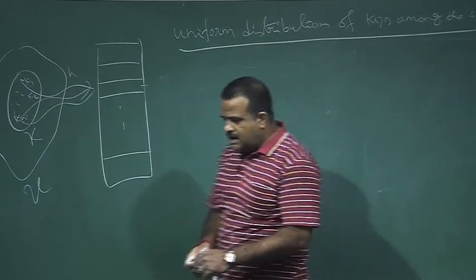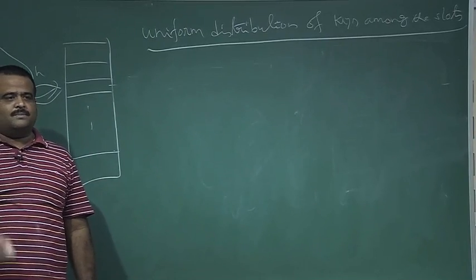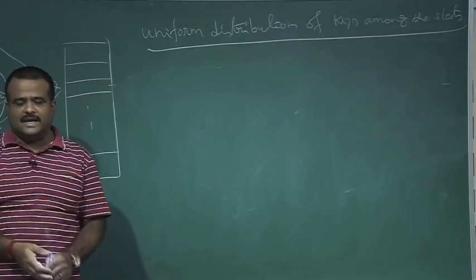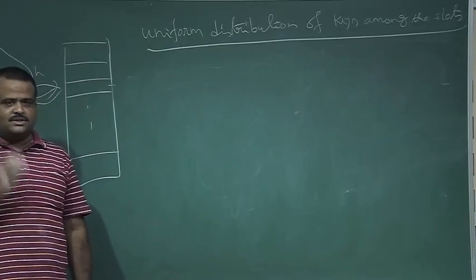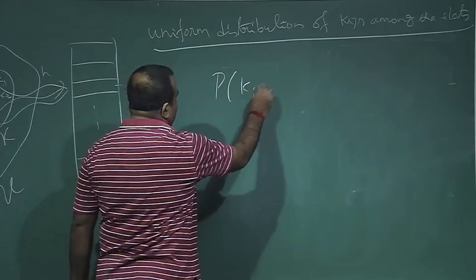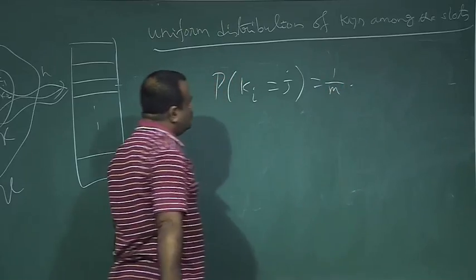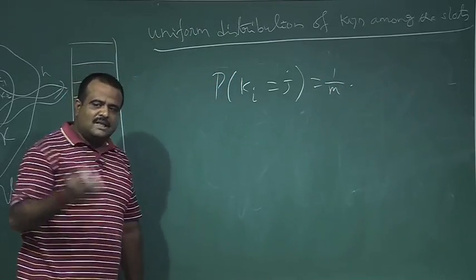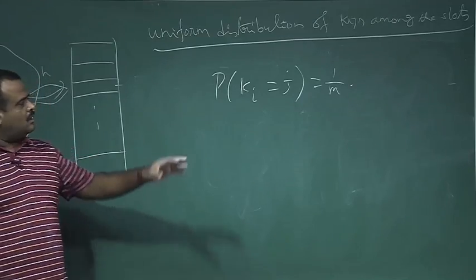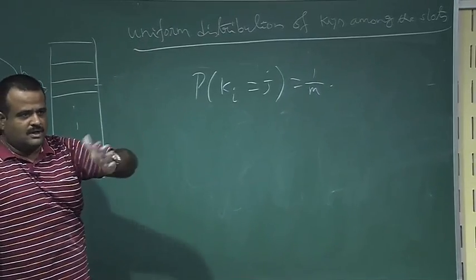That means a particular key will go to any of the slots with probability 1 by m, so it is equally likely. Keys are distributed uniformly over the slots. So, the probability that ki goes to the jth slot is 1 by m. Each slot is equally likely to receive a key.